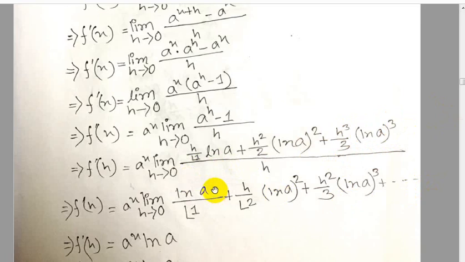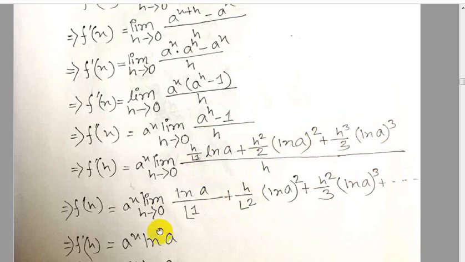Okay, so this will be the Maclaurin expansion of a to the power x, and here we have multiplied all the terms by 1 by h. Here h is eliminated, h square has become h, h cube has become h square, this way.